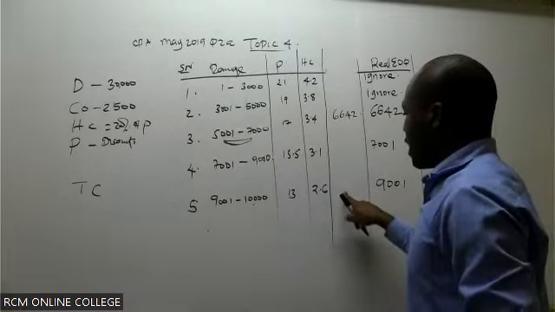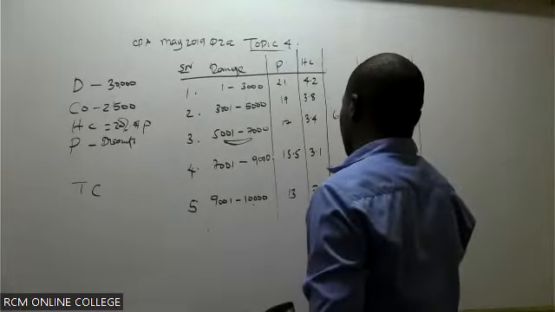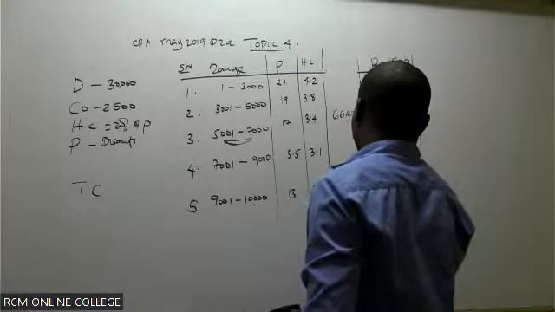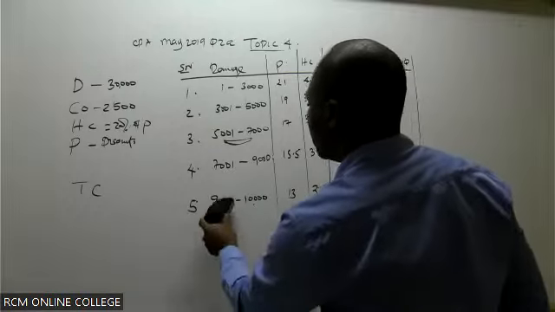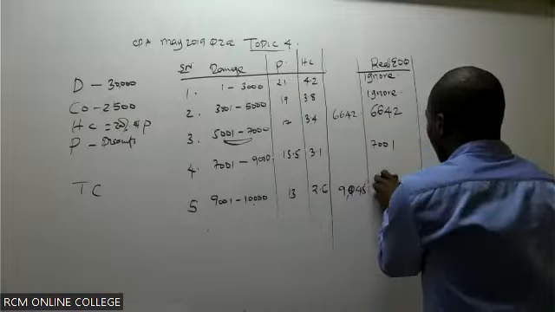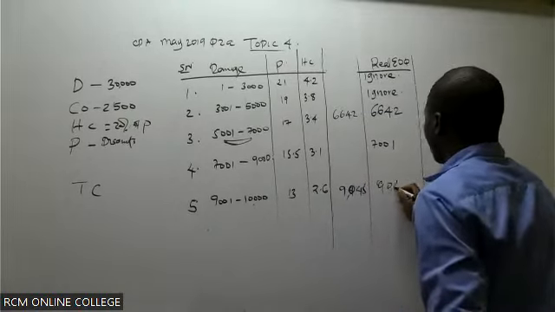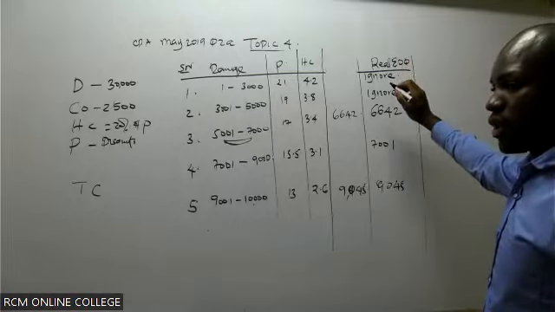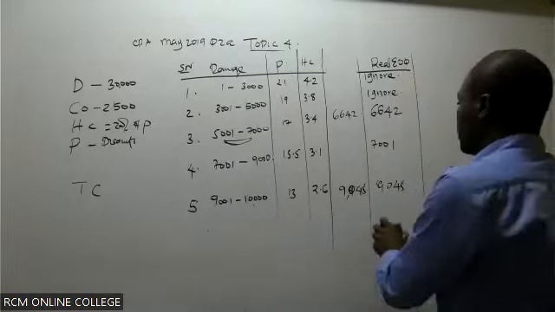If our figure here would have been given as 9,045, 9,045 is within this range. So what would we have done? We would have taken 9,045 to be the real economic order quantity. Is that okay now?